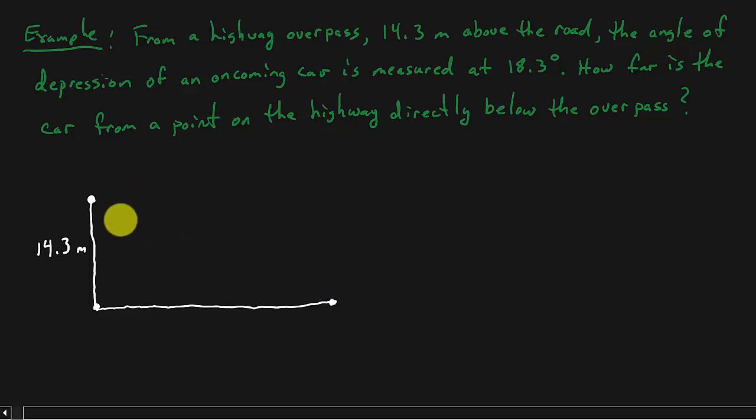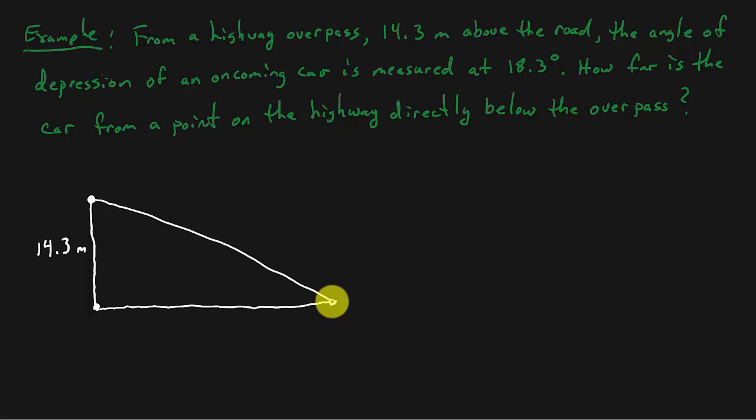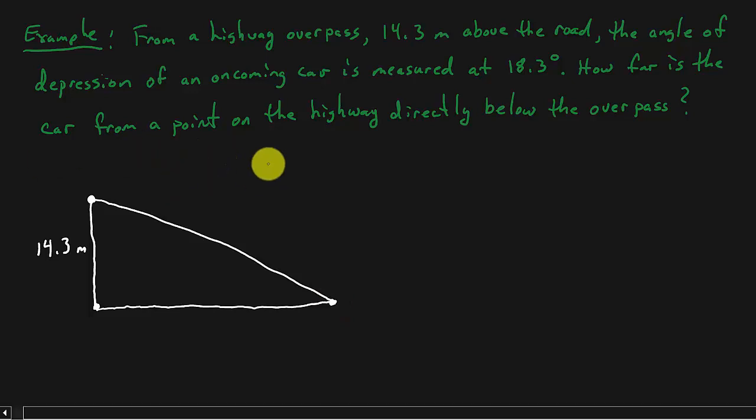See if I can draw that a little straighter. Okay, there's a car coming. And how far is the car from a point on the highway directly below the overpass? So they want to know that distance there. That's what they're looking for.